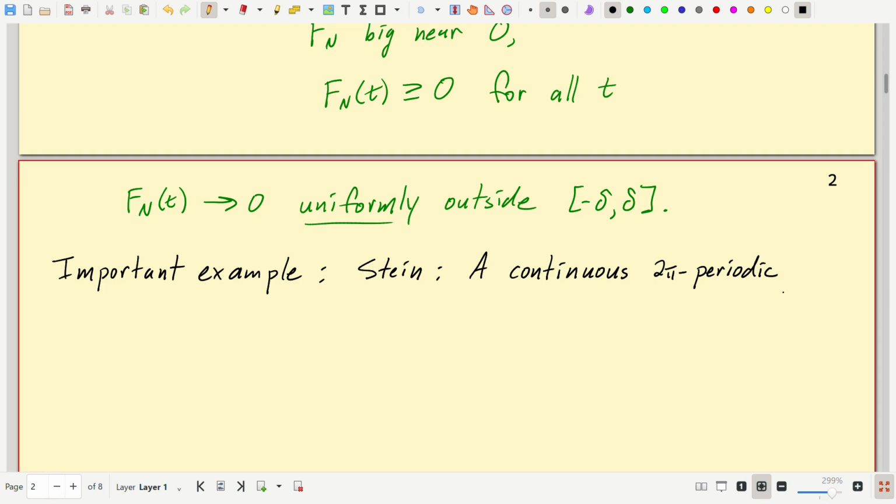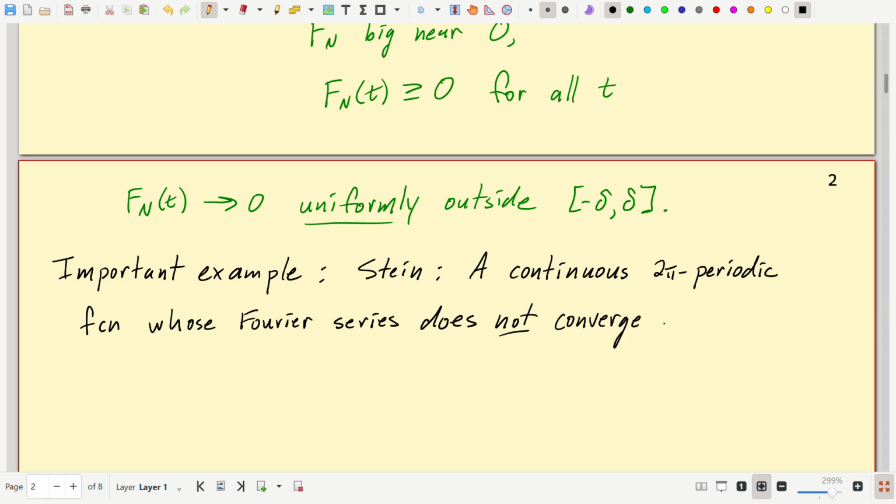But there's a continuous 2 pi periodic function whose Fourier series does not converge at some point x naught.